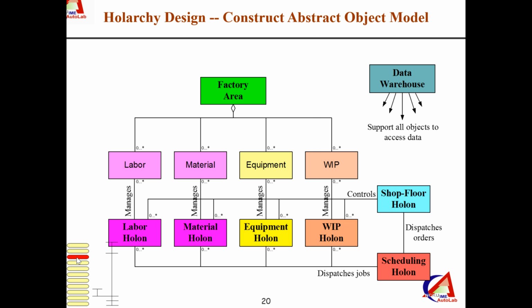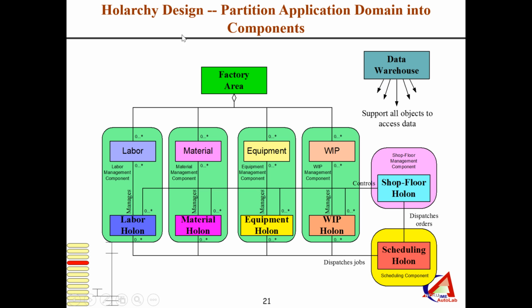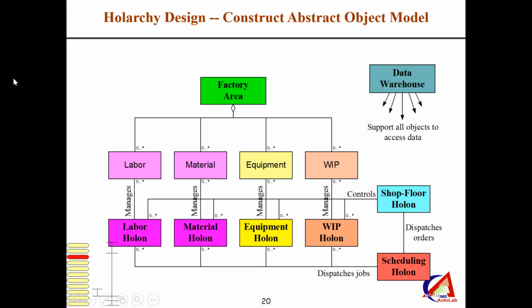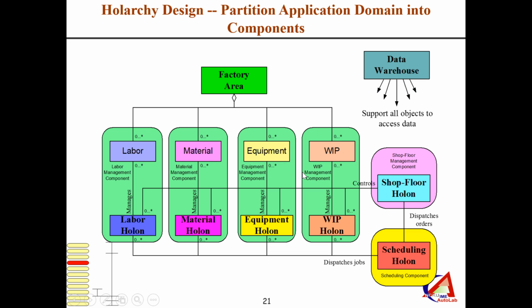Then the next step, see here, we need to partition the application domain into components. Again here, those are the application domains. This is the label, material, equipment, WIP, etc. So you see, we need to know the functionality of that. Then we will partition all the functional modules into several functional modules, you see. So this is one of the modules. Material is the other, equipment, WIP.